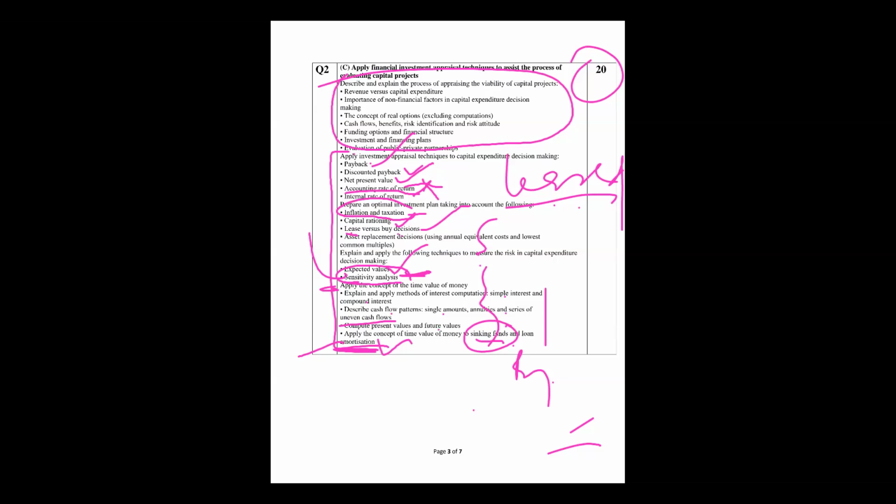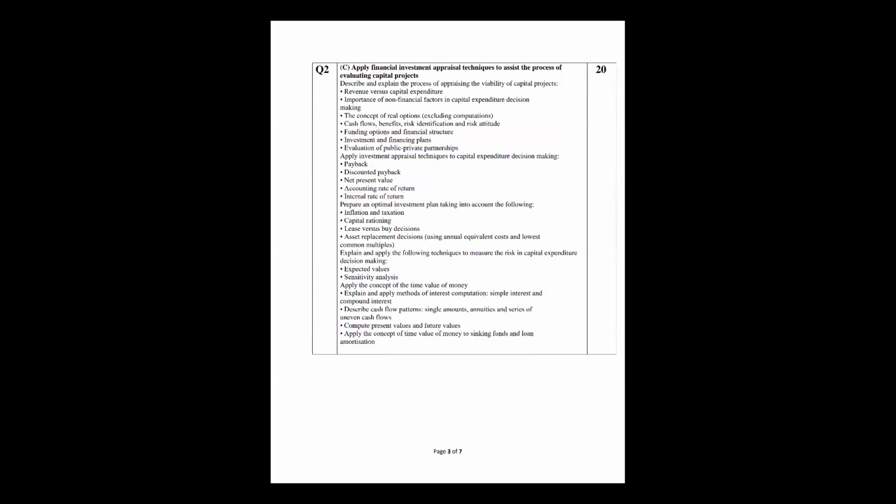The only difficult parts in this whole question two are these: capital rationing, lease and buy, asset replacement. These are quite difficult. And ARR can be quite difficult if the data is a lot. But for the NPV too, the data is a lot. Are you getting it? NPV is a lot.